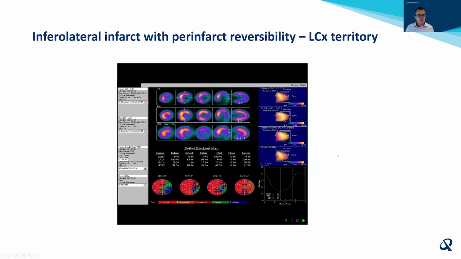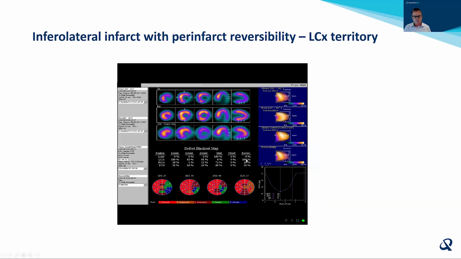And this one is the same patient with the polar maps. So you can see that in the rest, they have a significant defect there, and in the stress, it gets a lot larger. And these little tables here are quite useful to look at, because it actually tells you which segment, which territory it's in, and what the extent of the defect is.